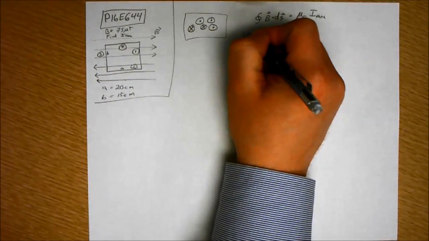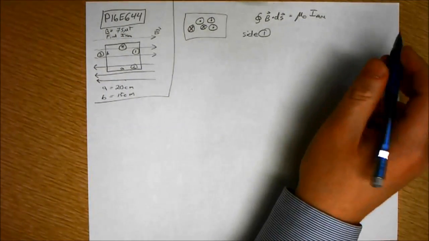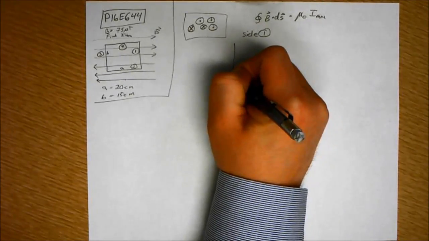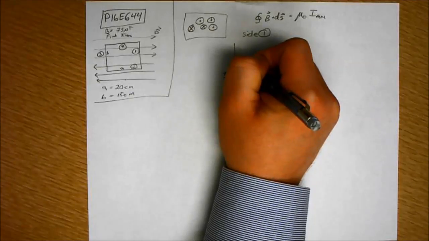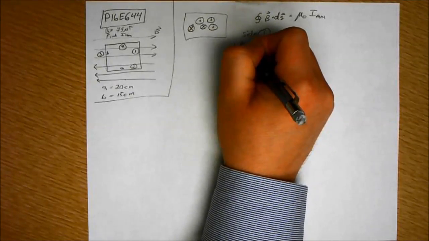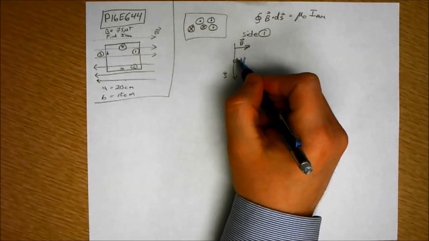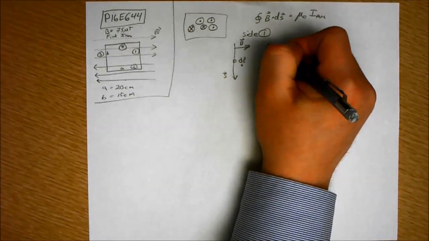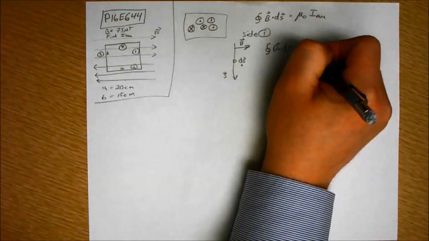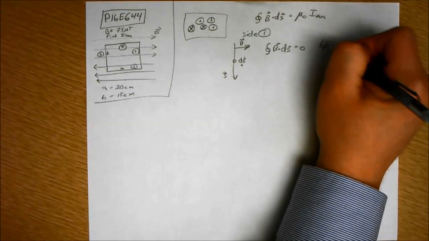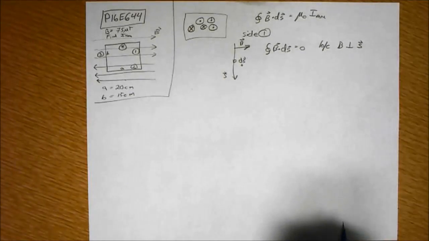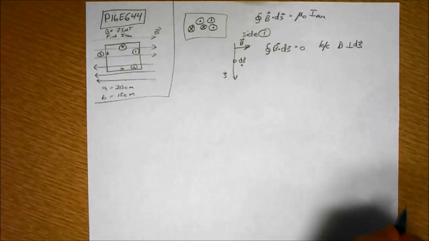Let's look at side 1. This is the path S, this is the little portion of the path ds, and this is the magnetic field B. What do we notice? The two are at right angles. So the integral of B dot ds equals 0, because B is perpendicular to ds.